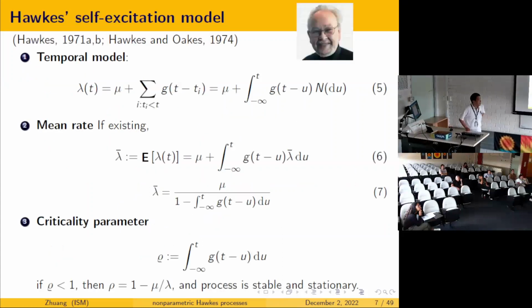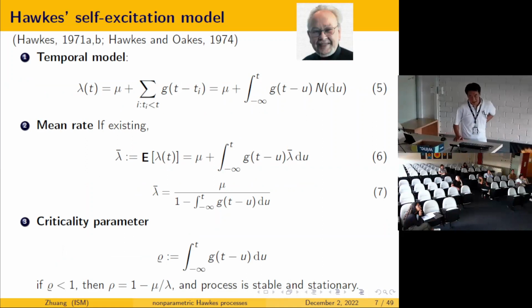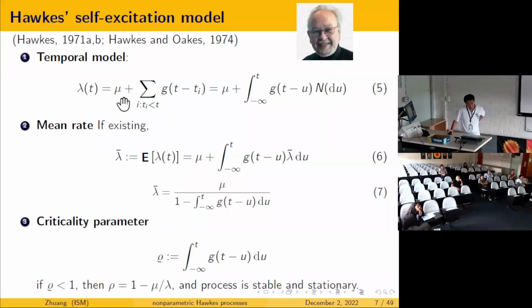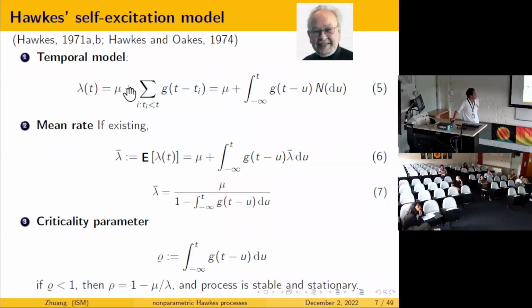The Hawkes process was proposed by Hawkes in the 1970s. At that time, it was just a temporal point process model. The conditional intensity says this process has an immigrant process, which we usually call the background process. It is a Poisson process with a constant rate mu.